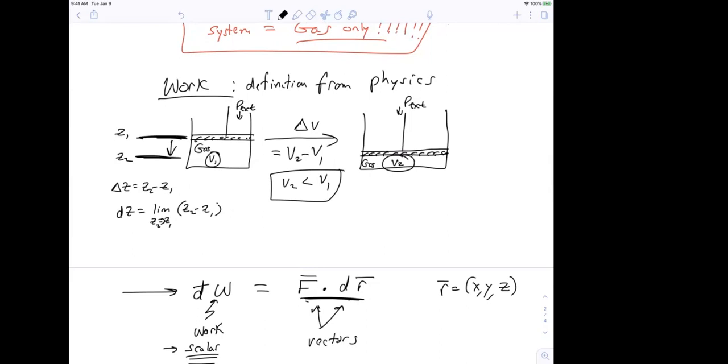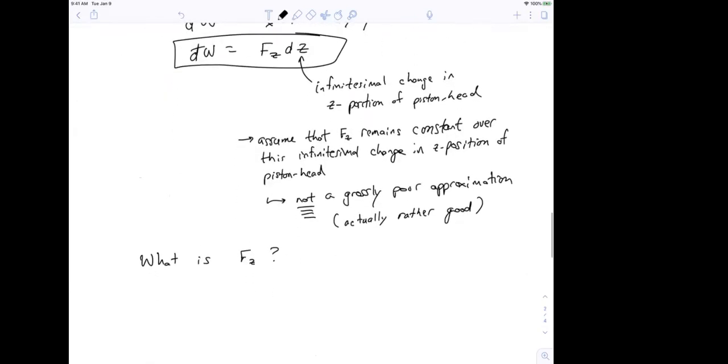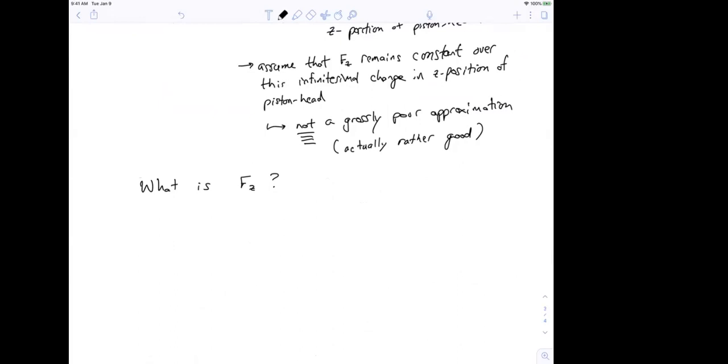So since this piston head is moving downwards in the z direction due to a force, and since the only thing in our setup that's acting downwards is this external pressure, we have to relate this force to the external pressure. And so that's what we're going to do now. How do we relate F of z to force, or sorry, pressure? Fz must be related to P external.